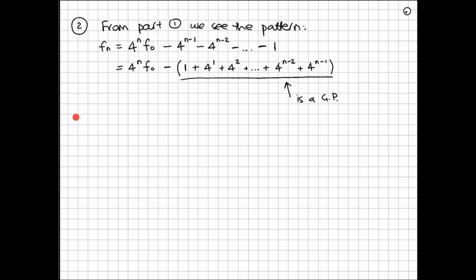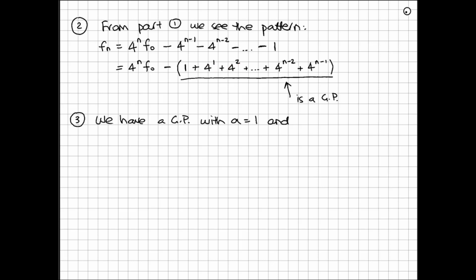So for part 3, we can say that we have a GP, a geometric progression or geometric series, with the first term a equal to 1, and our common ratio, the constant by which each previous term is multiplied, is 4, because we take 1 times 4 is 4, 4 times 4 is 4 squared, and so on.